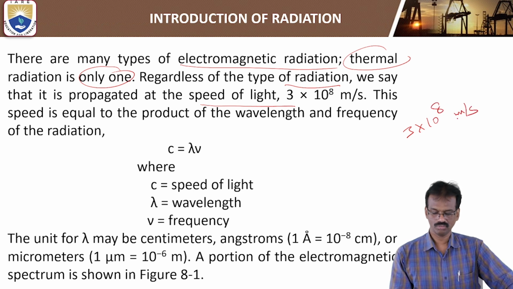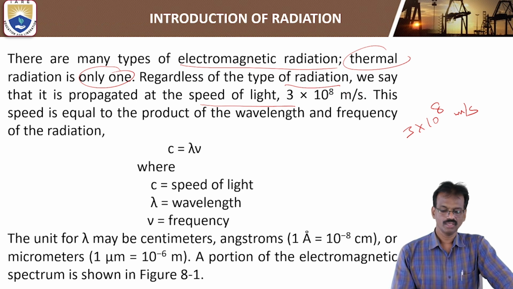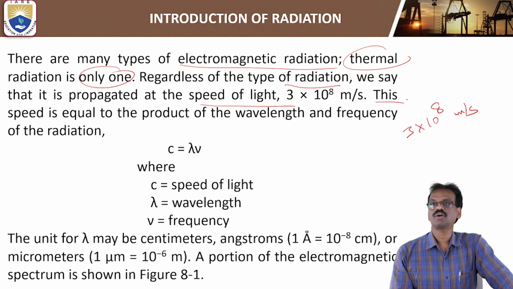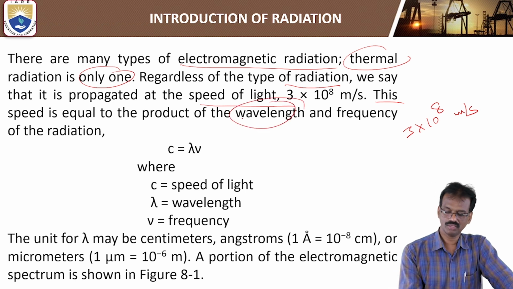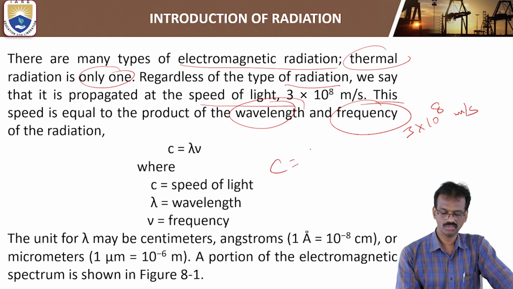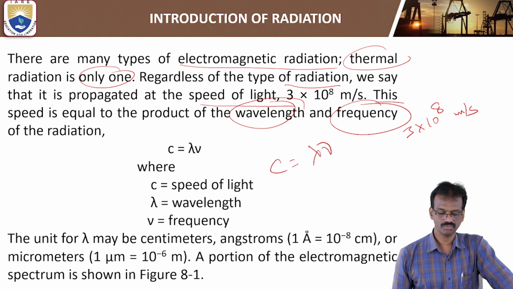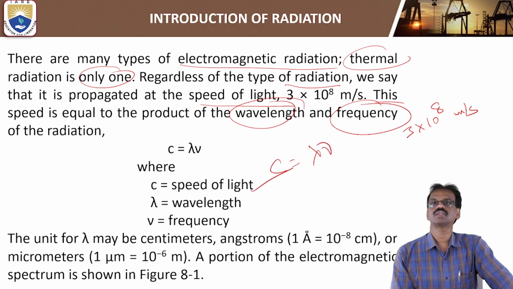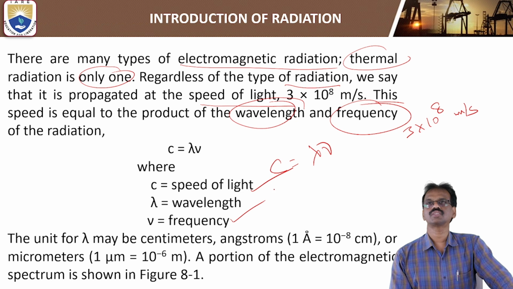You know this formula: speed is equal to the product of wavelength and frequency. So C is equal to lambda into nu, where C is the speed of light, lambda is the wavelength and nu is the frequency.